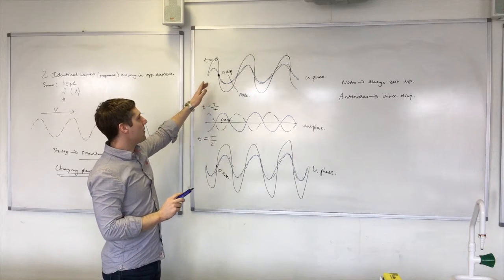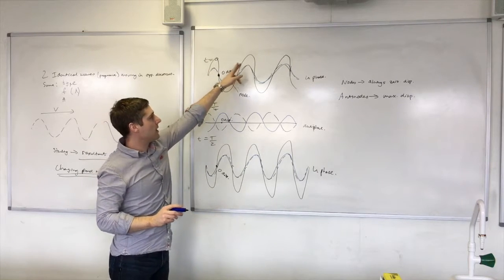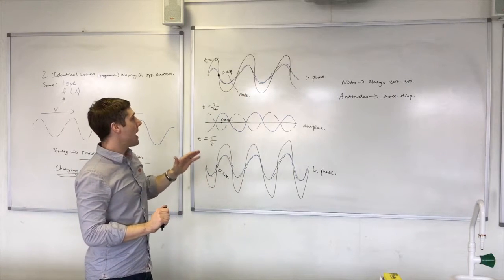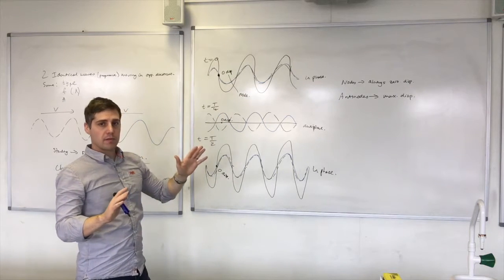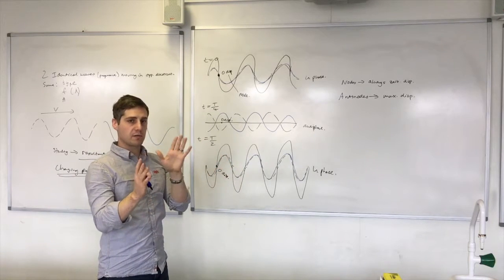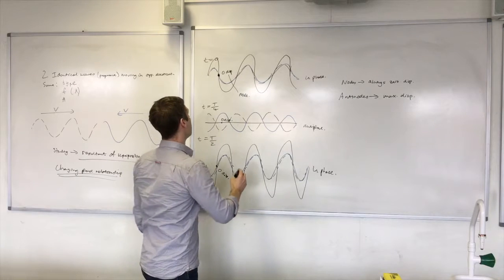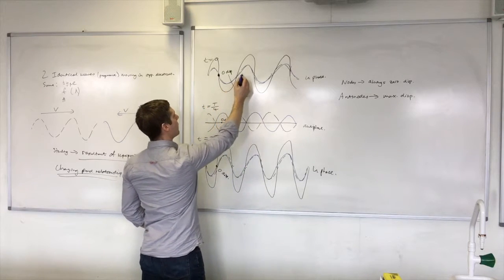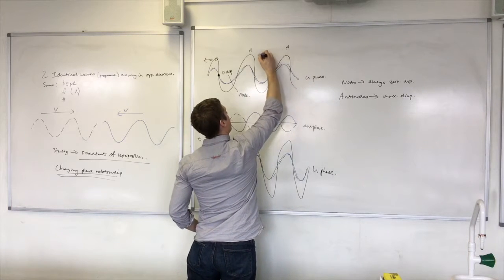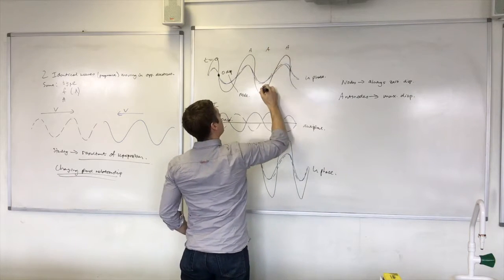You can see that it's still forming a wave of the same wavelength as the progressive waves that formed it, and the wavelength can be measured from the nodes and the antinodes. So this is an antinode here, this is an antinode there, and we've got another antinode there.